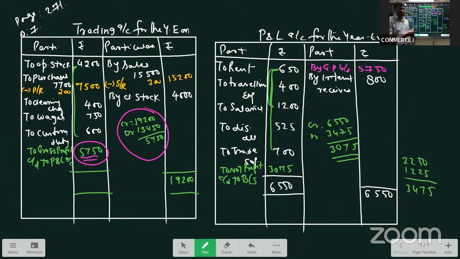He will give a trial balance, and we are asked to prepare trading, P&L account and balance sheet. Before going to balance sheet, we'll do one more problem on trading and P&L account so that you can get familiar with all the items of trading and P&L account.